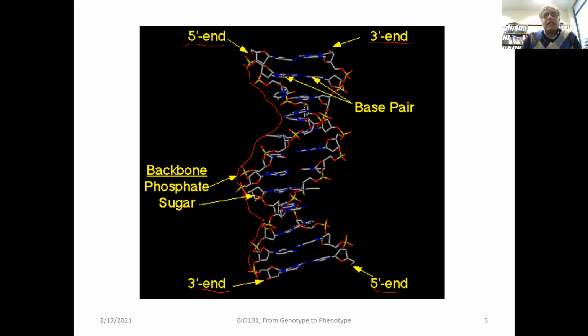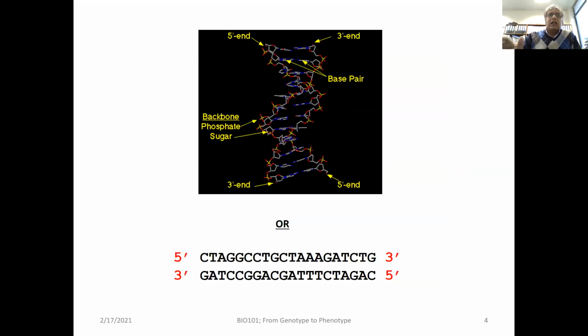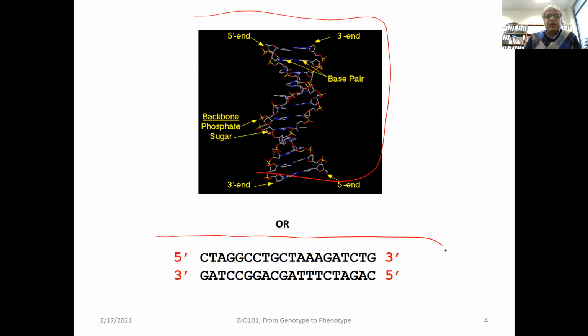And then on the inner side, we have these nitrogenous bases, which could be, let's say, A paired with T, or G making hydrogen bonds with cytosines. This is how we normally write a double-stranded DNA sequence.